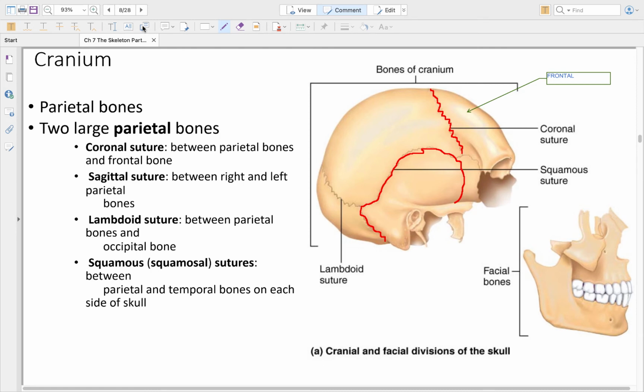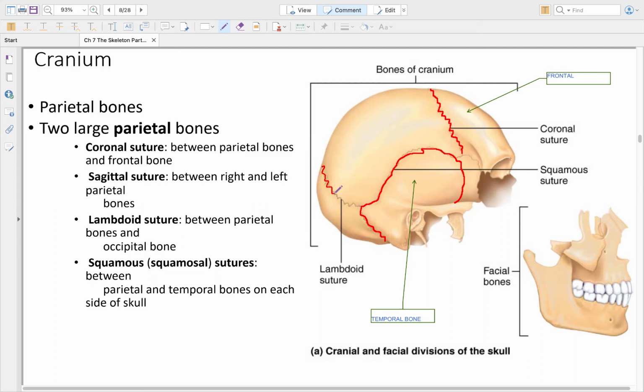This is the temporal bone right here, that we're going to see in even more detail. And there's two of them, one on each side. It connects the temporal bone to the parietal bone.